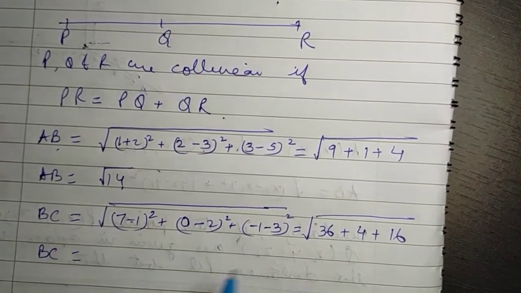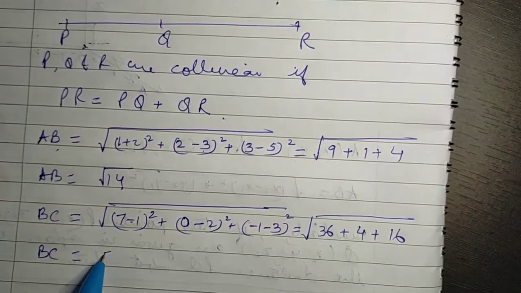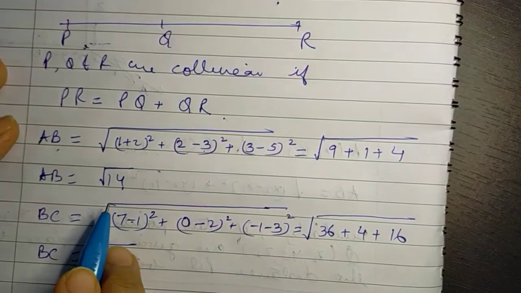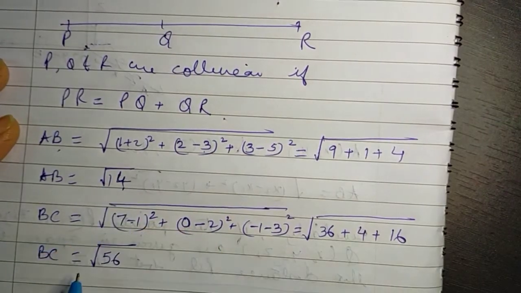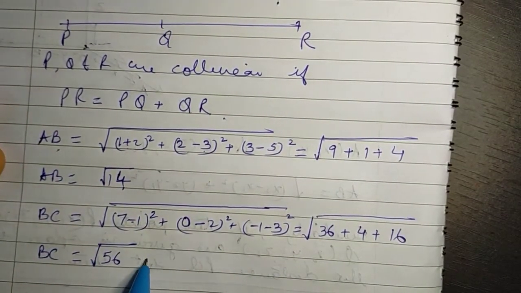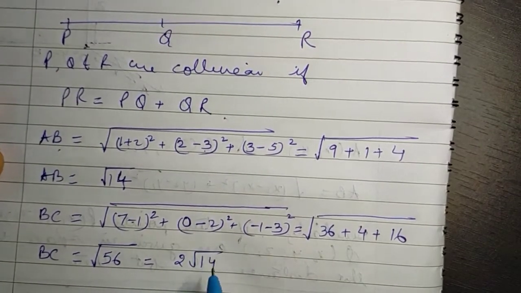So BC gives us, this is 40, so 56. So if we find 14 into 4, that is 56, so we get 2 root 14.